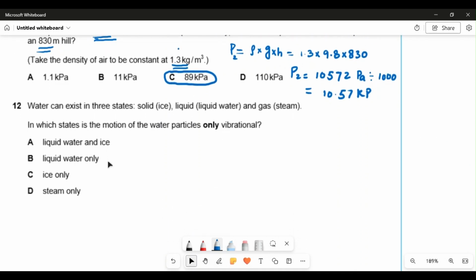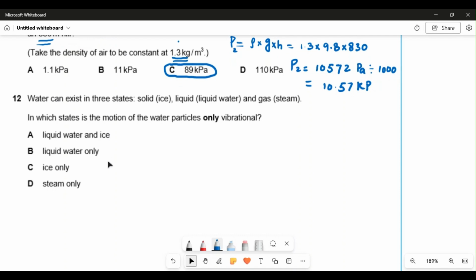Question number 12. Water can exist in three states: solid, that is ice; liquid, that is water; and gas, in terms of steam. In which state is the motion of the water particles only vibration? Here we need to understand one thing, that in solid state the molecules are very closely packed, so they cannot move freely.